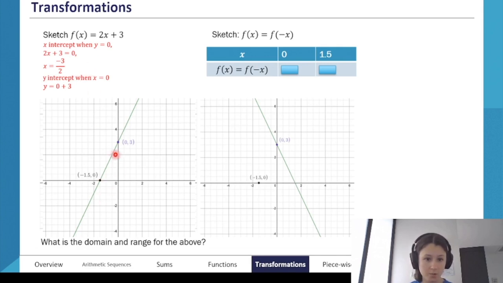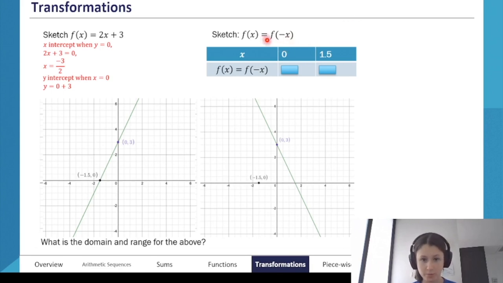From this, we know this is our function 2x plus 3 with our intercepts put in. Now, however, we need to sketch the function of negative x. So this is another reflection. This is something that we haven't gone over.